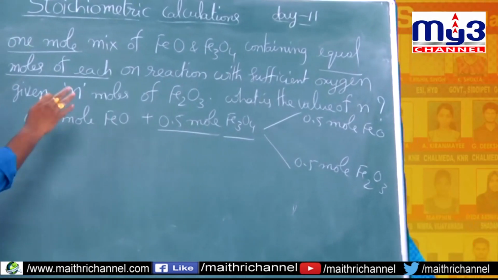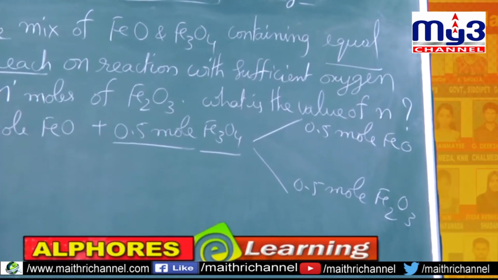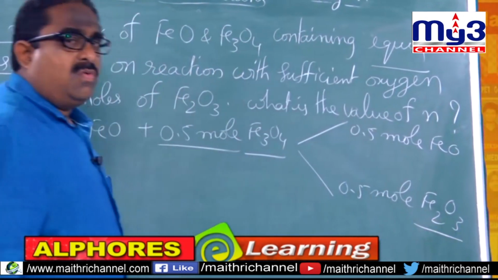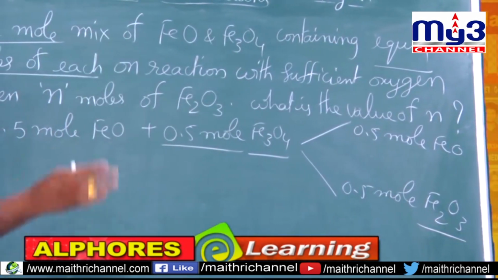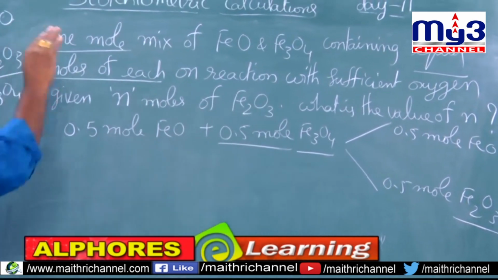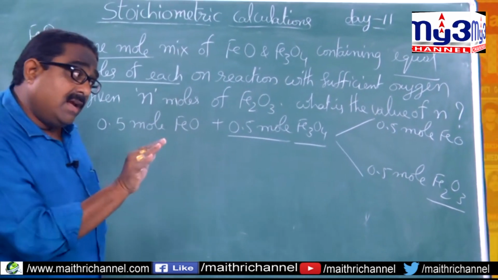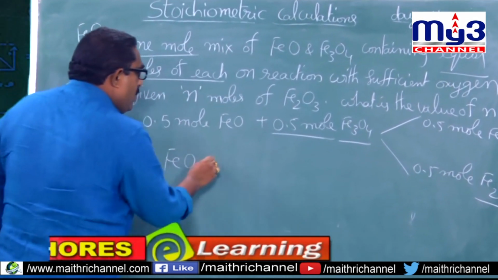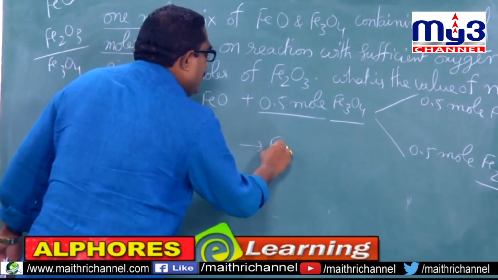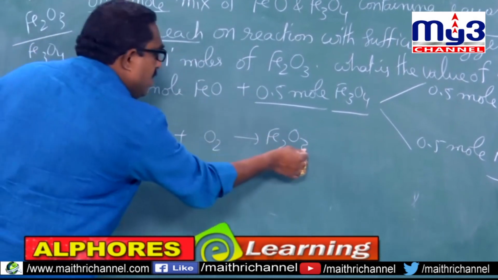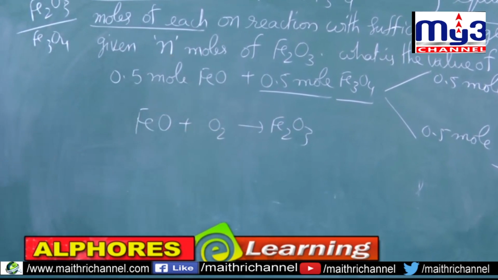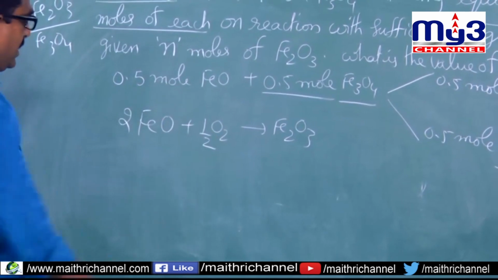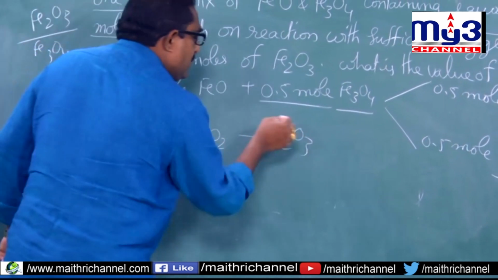Now, this mixture is reacting with sufficient oxygen. This is already the higher oxide, Fe2O3. FeO is the lower oxide. A lower oxide on reaction with oxygen can convert into a higher oxide. So, I am writing the reaction: FeO plus O2 gives rise to Fe2O3, lower oxide to higher oxide on combination with oxygen. Now, you balance this: 2 FeO plus half O2 gives rise to Fe2O3.